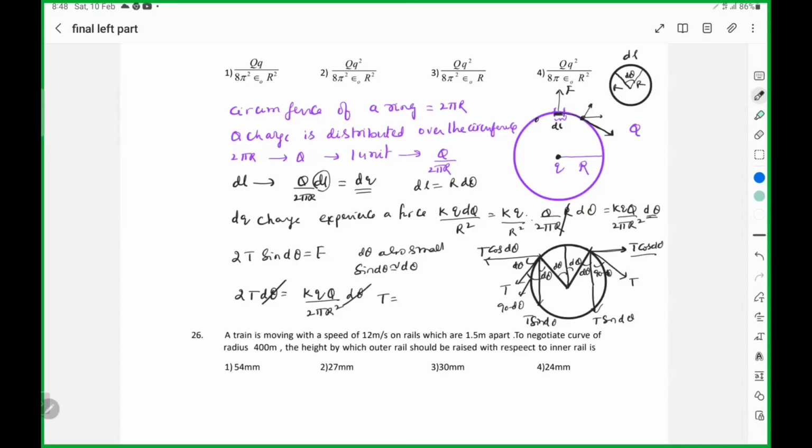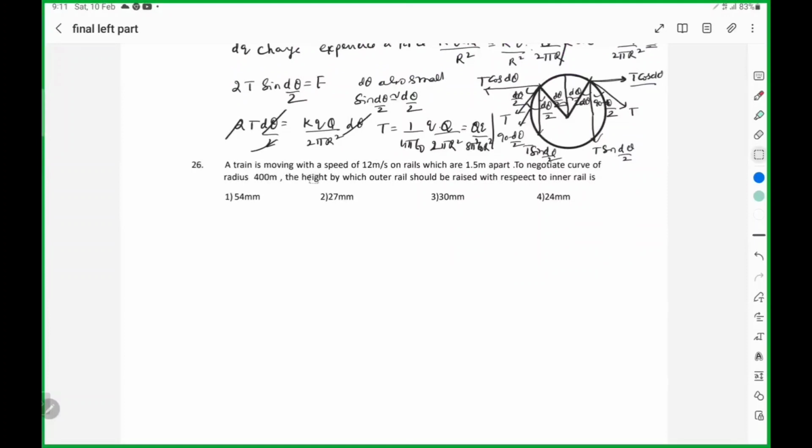In fact, it is d theta I have taken, it should be d theta by 2, sin d theta by 2. So here it is divided by 2. Tension will be, k is 1 by 4 pi epsilon naught, Q capital Q by 2 pi r square, which is capital Q by 8 pi square epsilon naught r square.